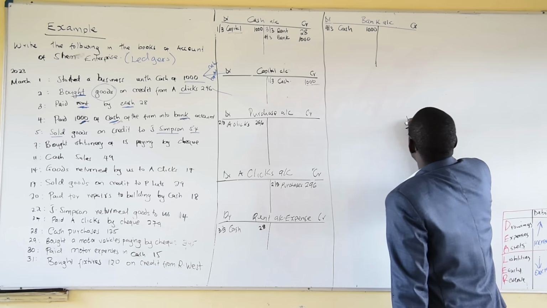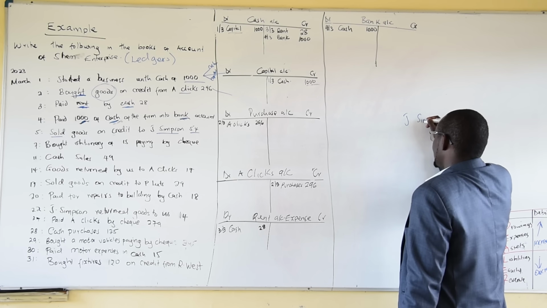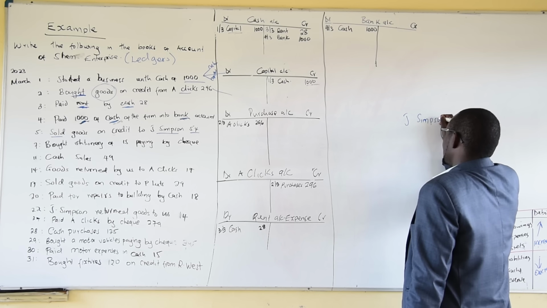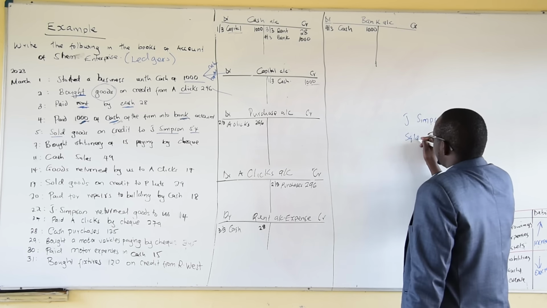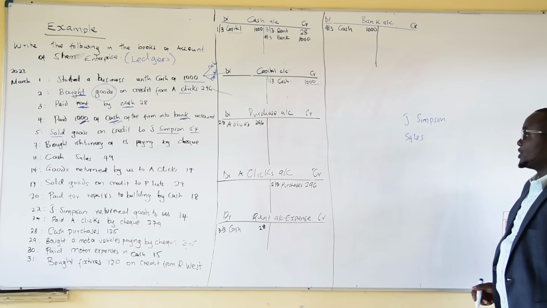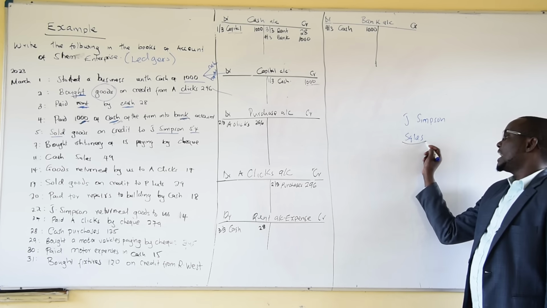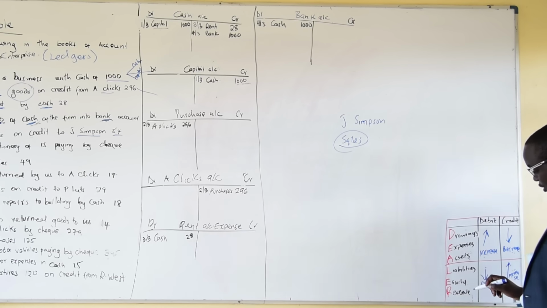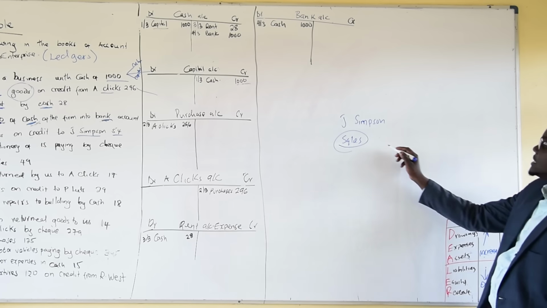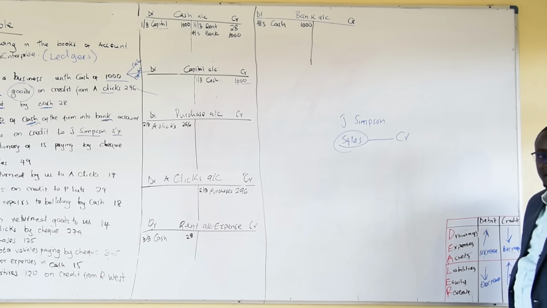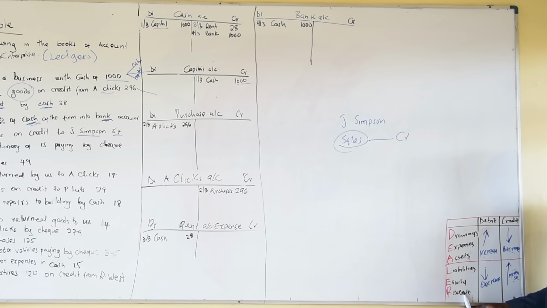The two accounts being affected are J. Simpson and sales, because we are selling on credit. Now, when you sell goods, you earn revenue. Increase in revenue is a credit. Automatically sales is a credit.